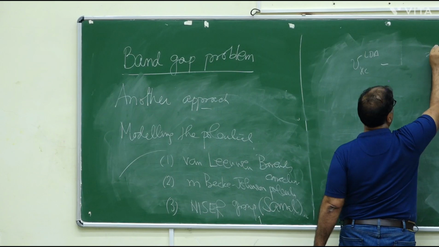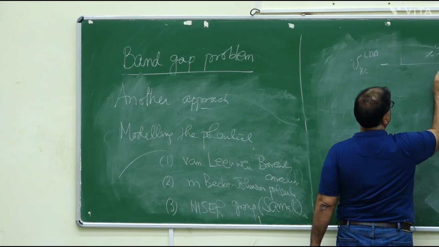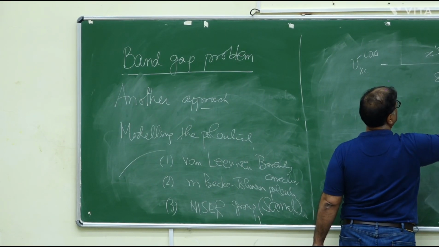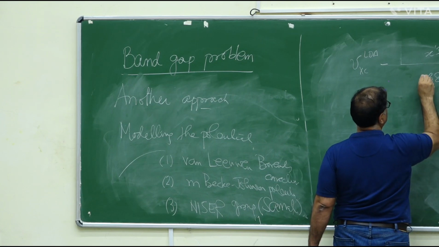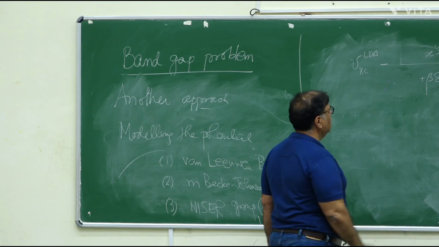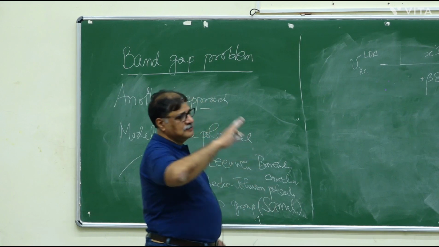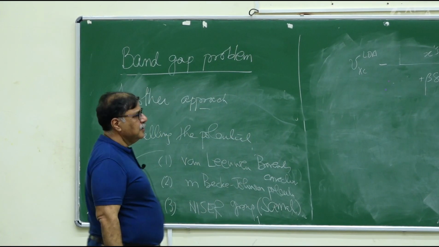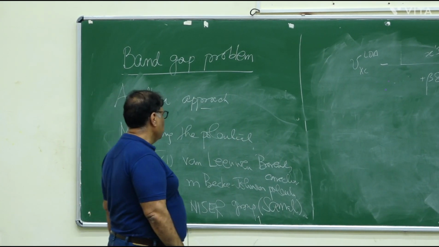There is x to some power 1/3, or an inverse hyperbolic sine out here, with some beta which is fitted. The bottom line is that this gives us minus 1 over r far away. It gives you better gaps.